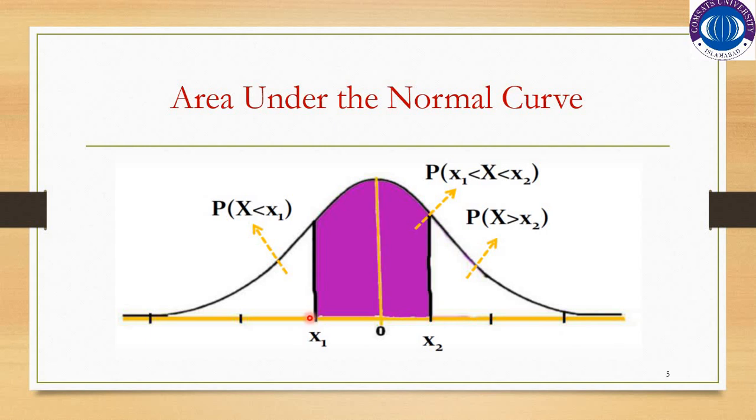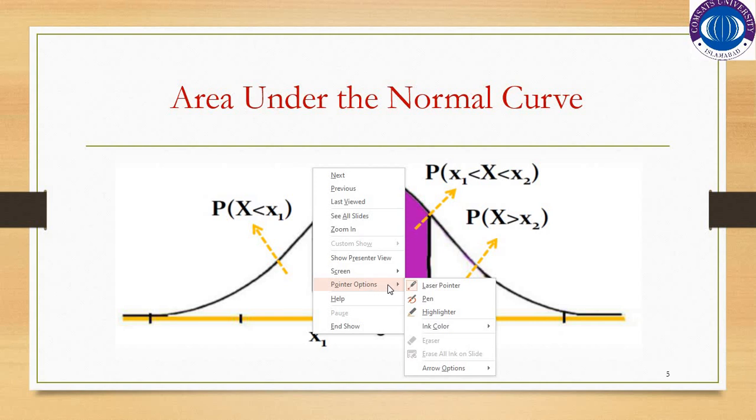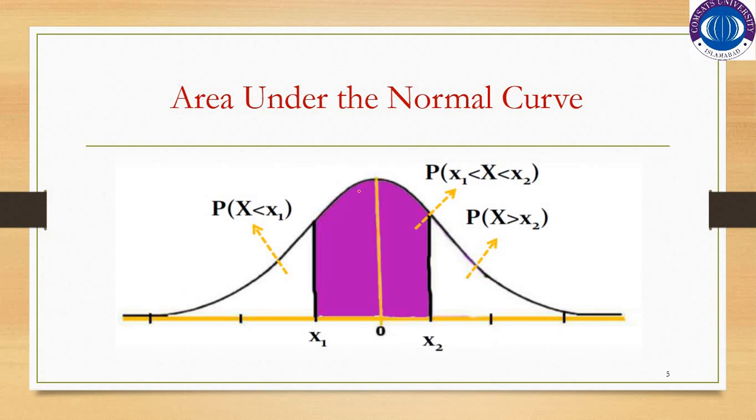Let's suppose x1 and x2 are any two points on the normal distribution curve, and this axis represents the values of the random variable x, where x is between minus infinity and infinity.